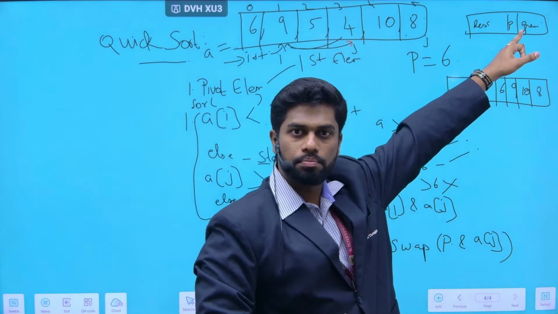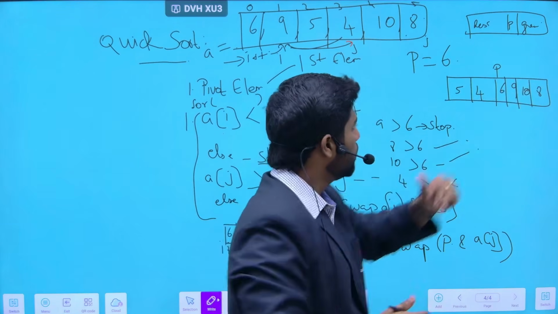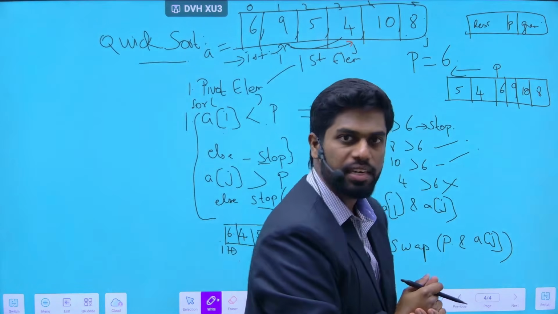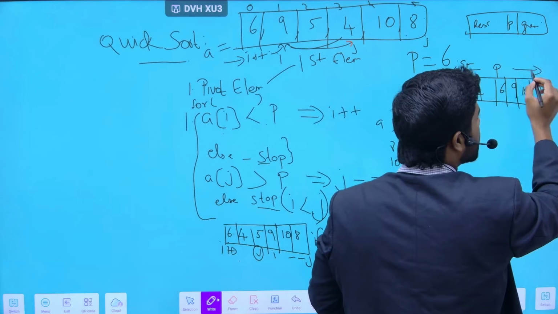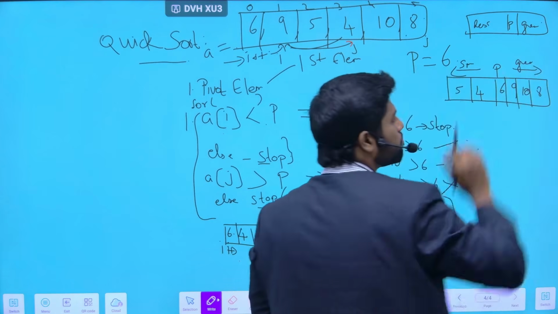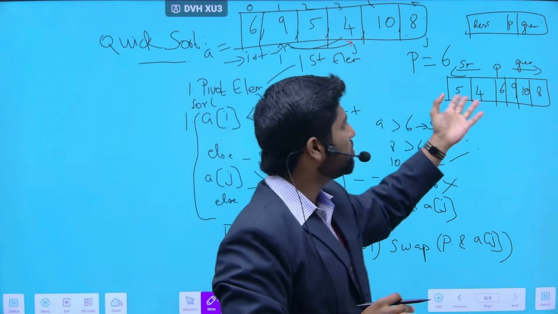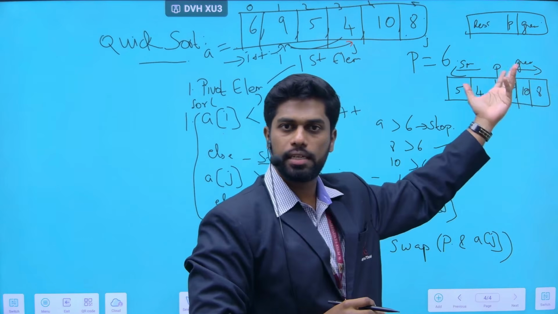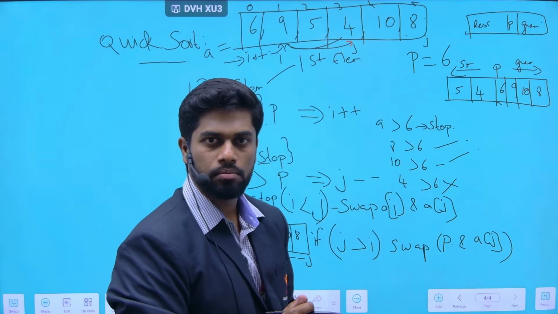Compare the format: the elements which are left of the pivot element will be smaller, and the elements which are right of the pivot element will be greater. Is it so? You can see 5 and 4 are less than 6, and 9, 10, 8 are greater than 6. The pivot element is at the center.